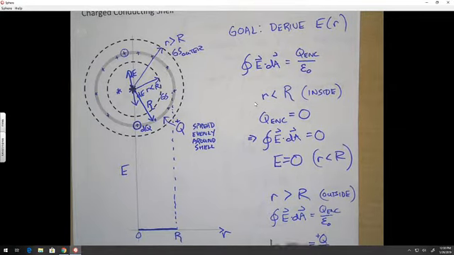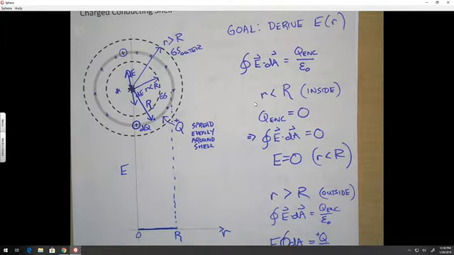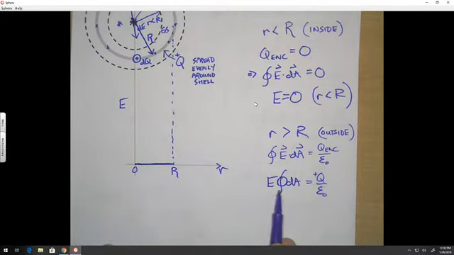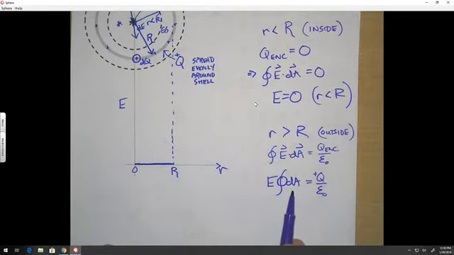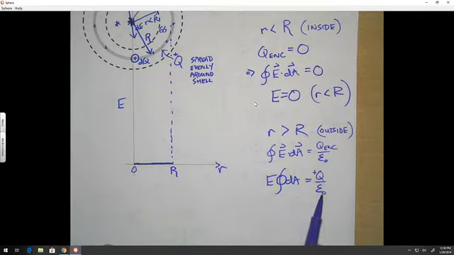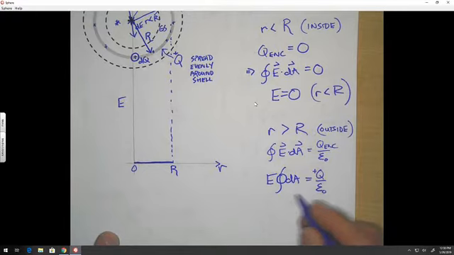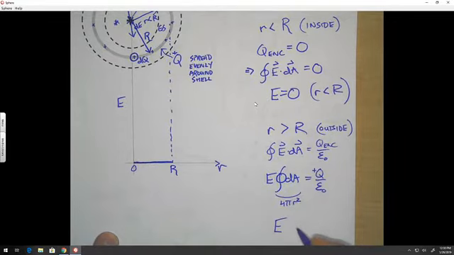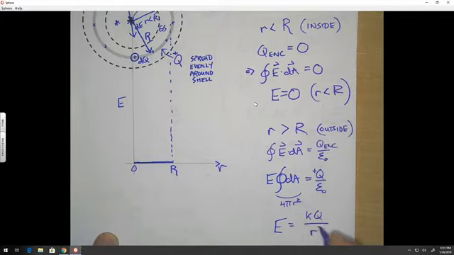I'll have E dA on the left side is equal to Q over epsilon. And by the usual tricks, this whole thing becomes 4 pi r squared. And I get the same answer I got before, which is KQ over r squared.